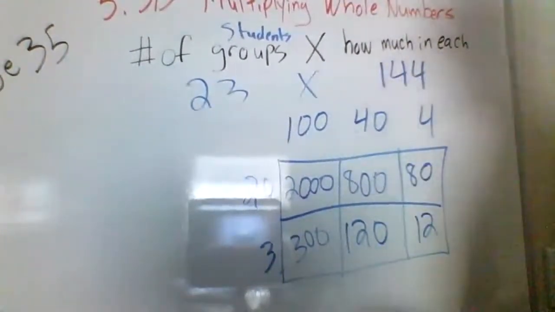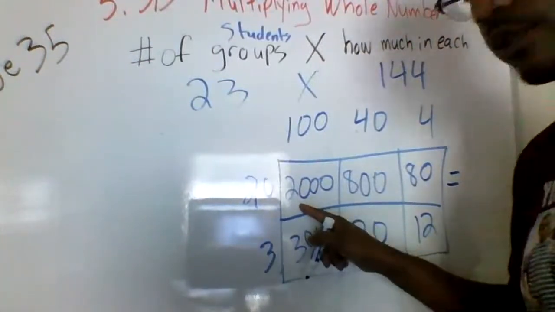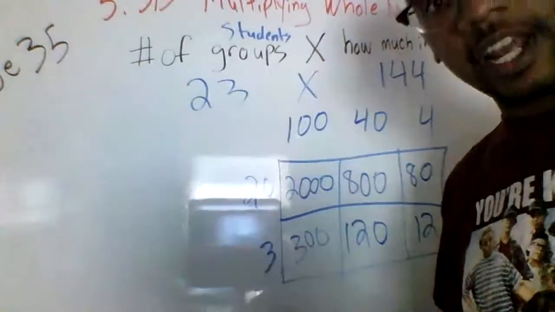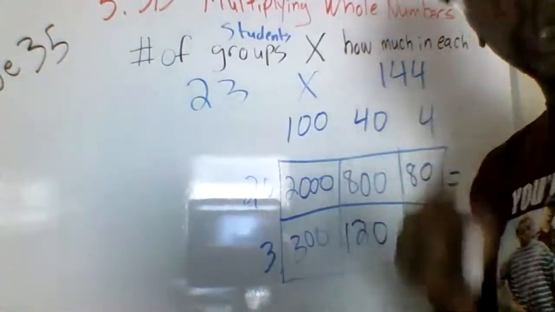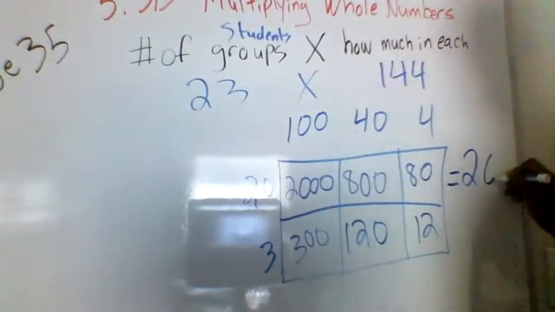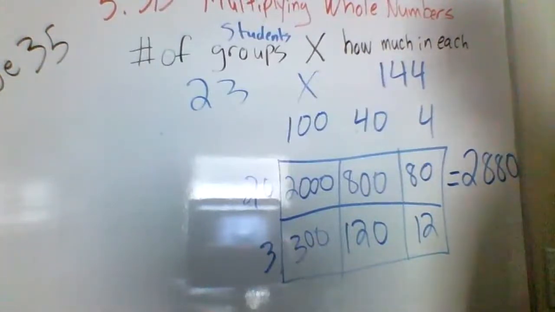All right. Now you add across. 2,000 plus 800 is 2,800. Plus 80 more, well, that's 2,880. All right.